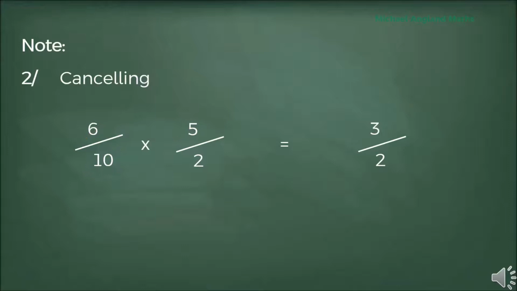We could also have cancelled, of course, cross-cancelled first of all, going 5 into 10. 5 goes into 5, 1. 5 goes into 10, 2. So we would have 1 for the numerator of the right-hand side and 2 for the denominator of the left-hand side. Then we'd have 3 over 2 times 1 over 2. So 3 times 1, 3 over 2. Same answer, different order of cancelling.